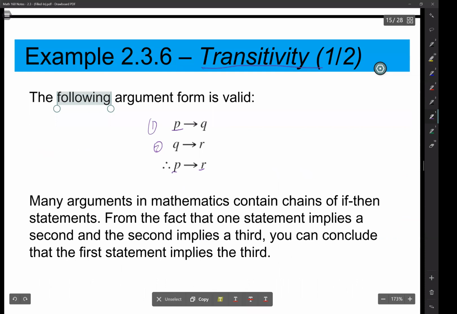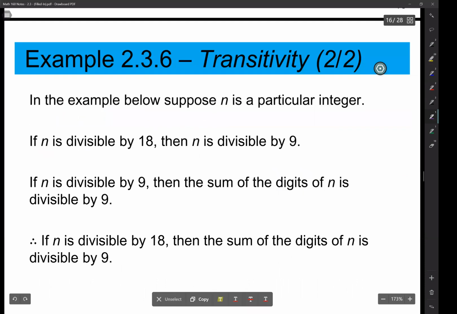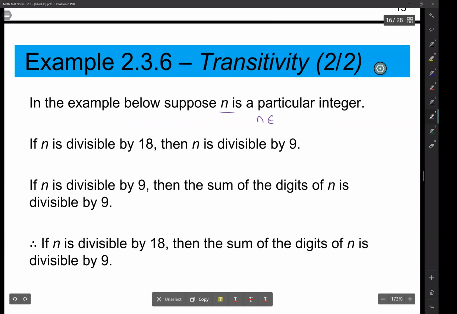All right. Here's an example. Suppose n is a particular integer. Remember, in symbols, that means n is in Z. If n is divisible by 18, then n is divisible by 9. Okay, so this is P implies Q. If n is divisible by 9, Q implies R, then the sum of the digits of n is divisible by 9.